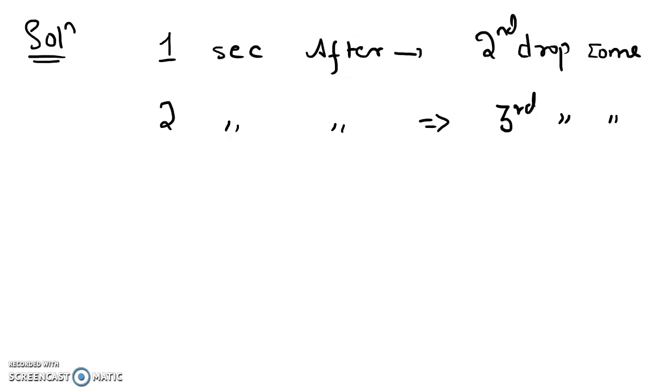In 5 seconds, how many seconds has the second drop traveled? In 5 seconds, it has 4 seconds. And how many seconds does the next drop have? 3 seconds. So the first drop traveled for 4 seconds, and the second drop traveled for 3 seconds.